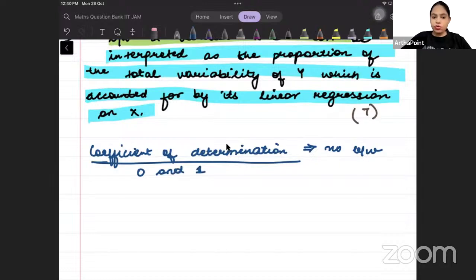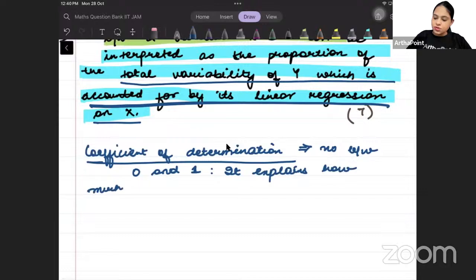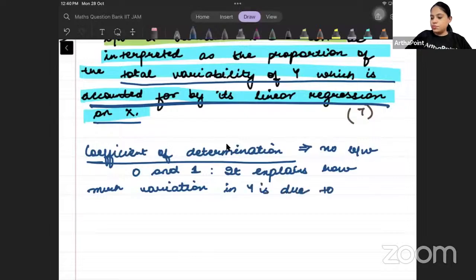And ये एकदम ठीक बोल रहा है that it tells how much variation in y is due to variation in x. यही बताता है वो. So the coefficient of determination explains how much variation in y is due to variation in x.